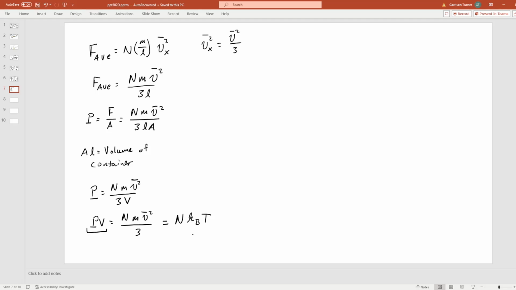Now, look at this middle term here. The middle term contains m v squared. So this is related to the kinetic energy.